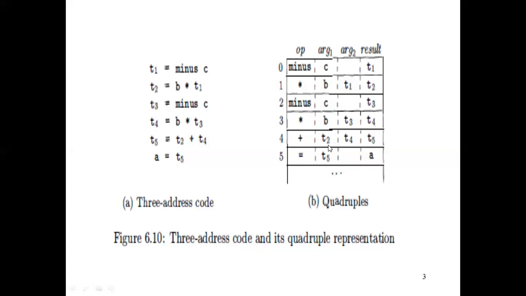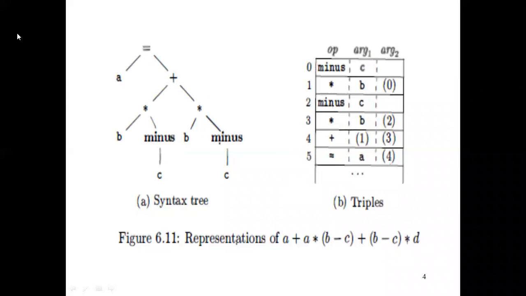First you draw this table, and after that, as per the expression, you write here. So this is called the quadruple form. Now it is easy and you can represent this easily.